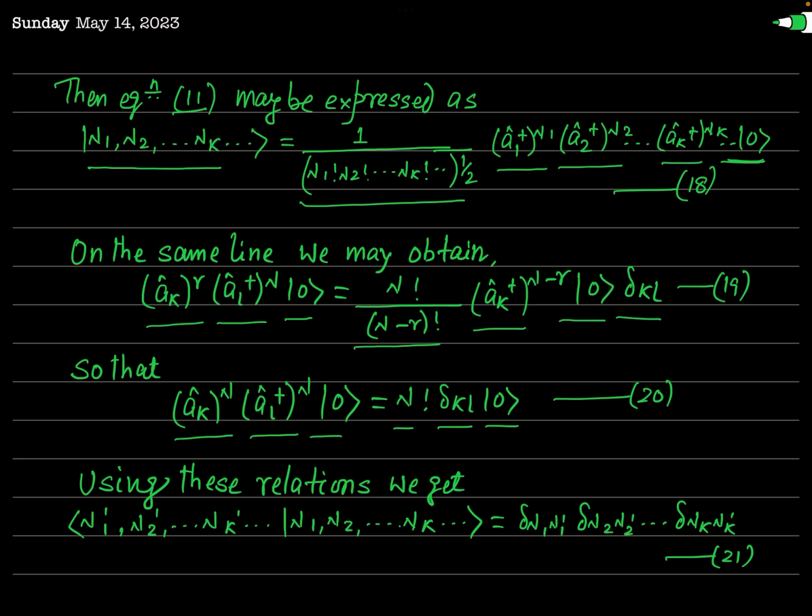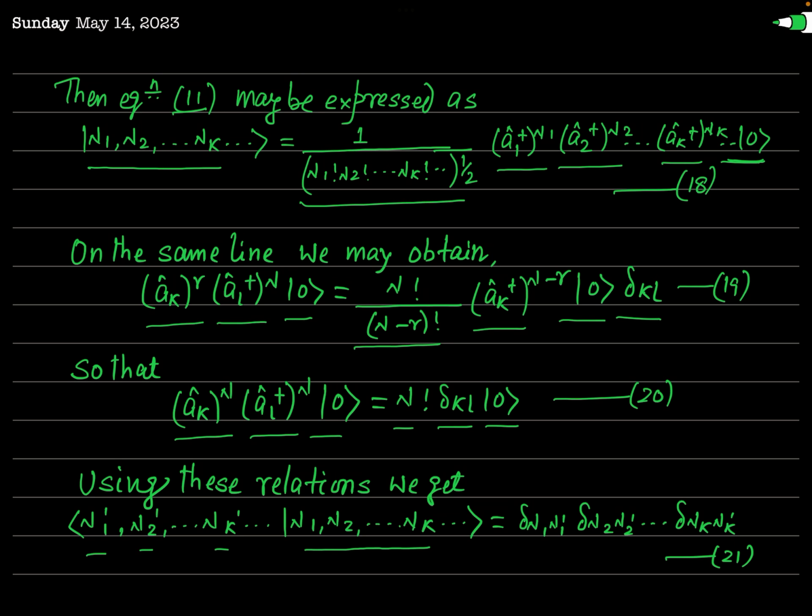Okay, and when these results are used, we can then find that the bra n1 dashed, n2 dashed, nk dashed with ket n1, n2, nk, actually this is the scalar product of this n1 prime, n2 prime, nk prime state with the n1, n2, nk state.